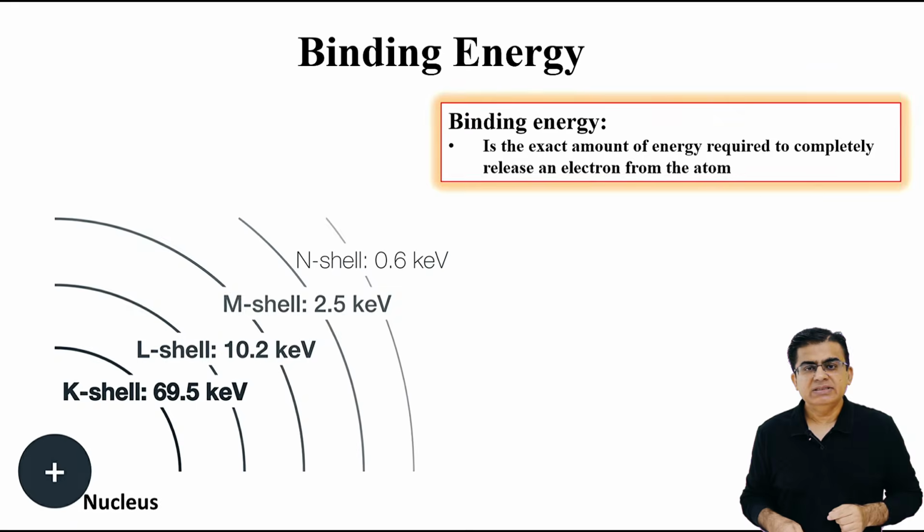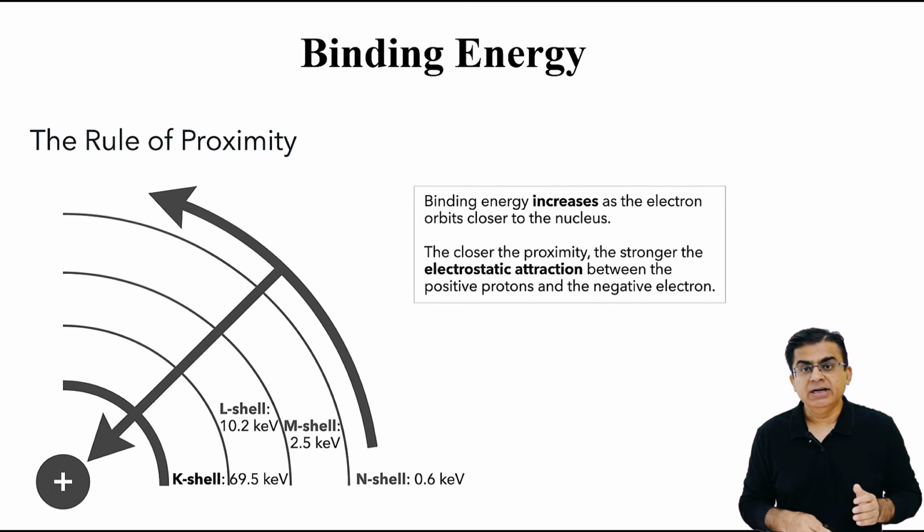First, it depends entirely on the atomic number, which is the total number of positive protons. A nucleus with a high number of protons creates a much stronger electrostatic pull on all of its electrons. Second, the binding energy depends on the distance between the nucleus and the electron.